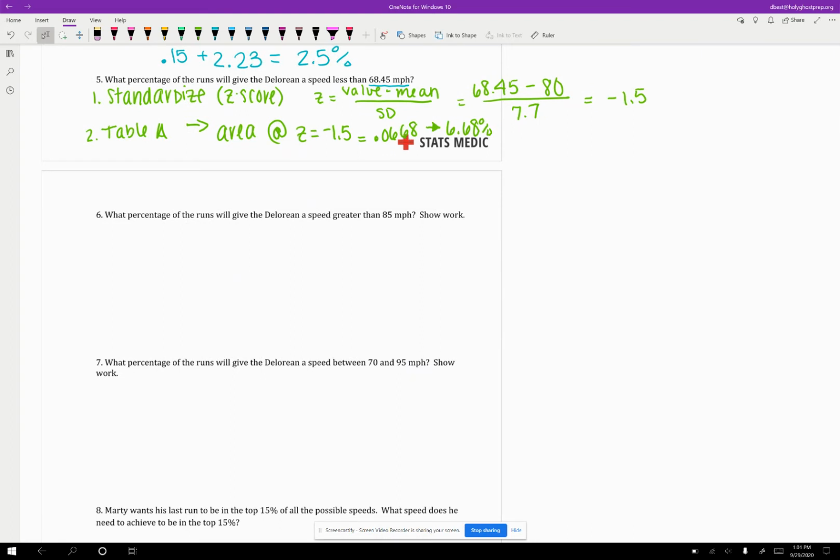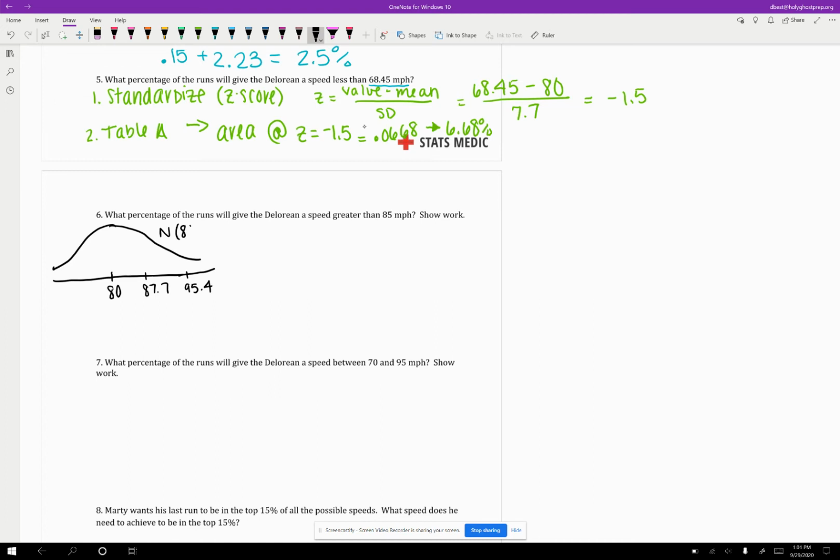And we're going to try another one. Percentage of the runs that give the DeLorean a speed greater than 85 miles per hour. So first thing I'm going to do is I'm going to sketch my bell curve. And remember, my mean is in the middle. And then I can put some of my standard deviations on here just so I have reference points to look at. And this is my unstandardized bell curve.